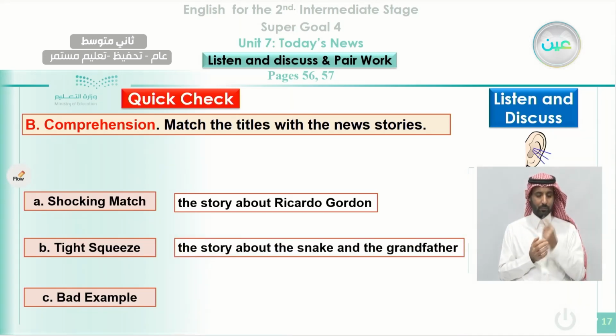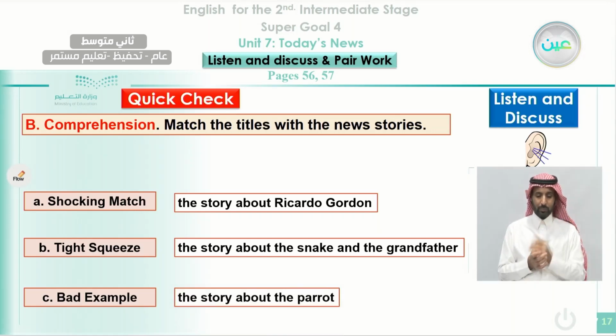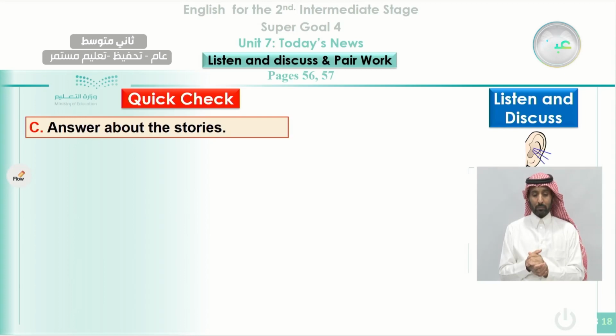Tight Squeeze is the story about the snake and the grandfather, the brave grandfather who could kill the anaconda snake. The Bad Example is the story about the parrot who said bad words, or who shrieked bad words.